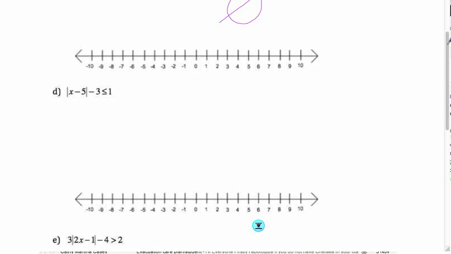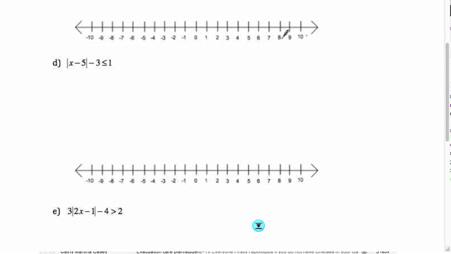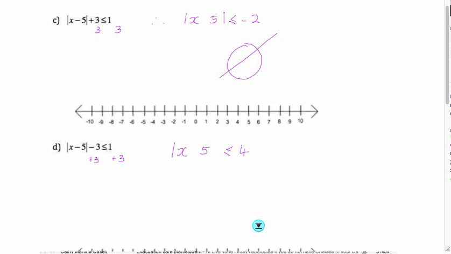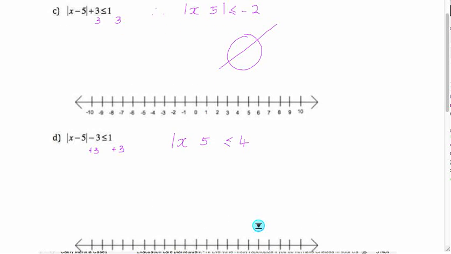Okay, so we'll move to D, which is very similar. Once again, I'm going to start by isolating my absolute value expression, absolute value of x minus 5 less than or equal to, and you notice the similarity between the two examples.